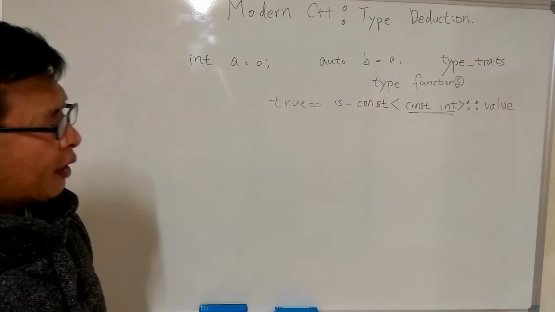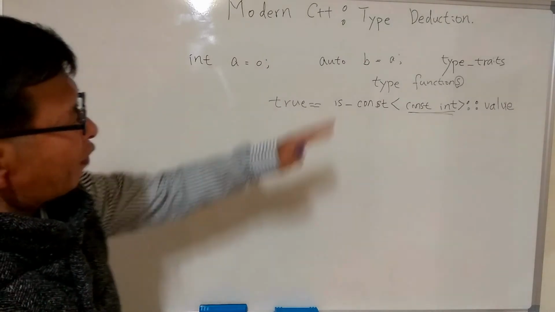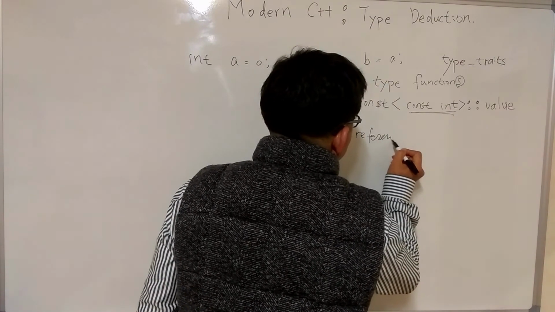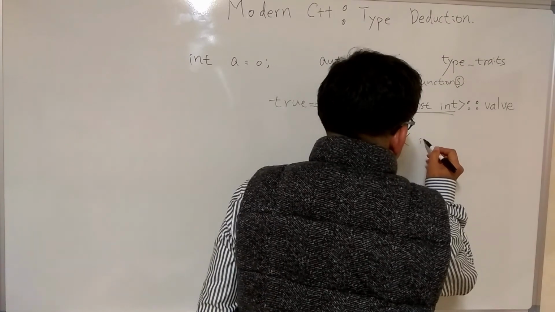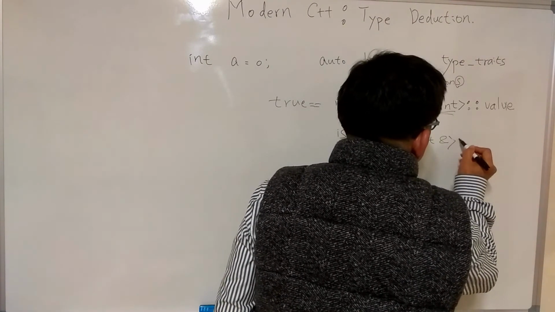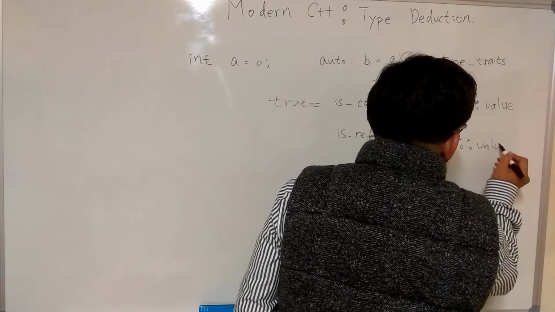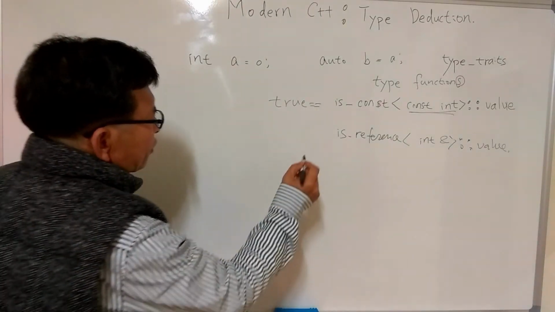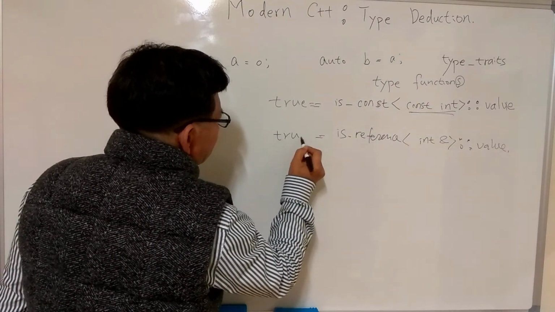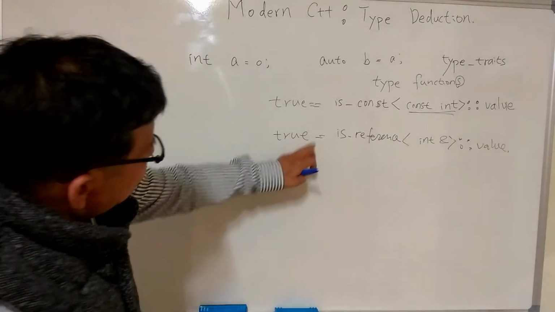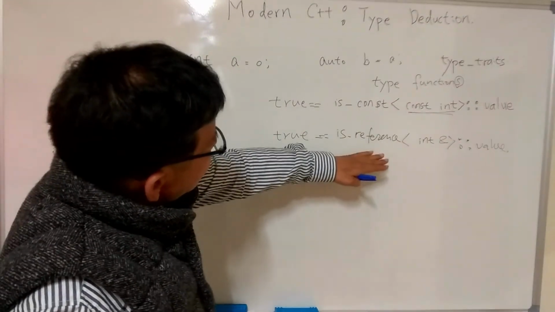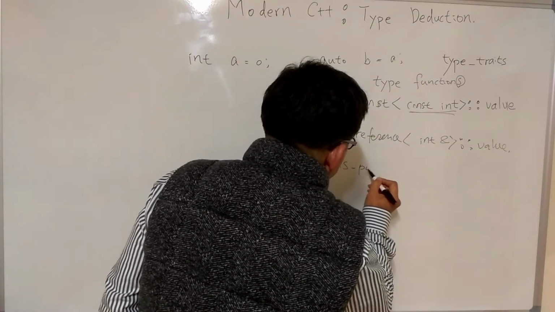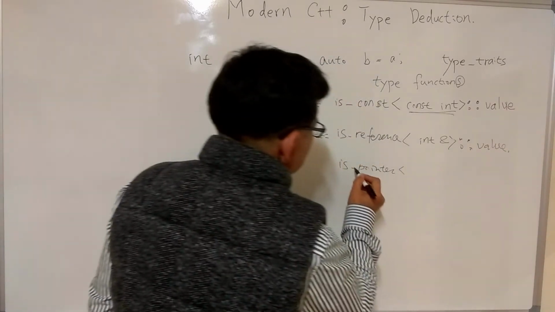And there are a number of other type functions. For example, is_reference with int reference. Since this is an integer reference, is_reference will give true. And there are other type traits like is_pointer.